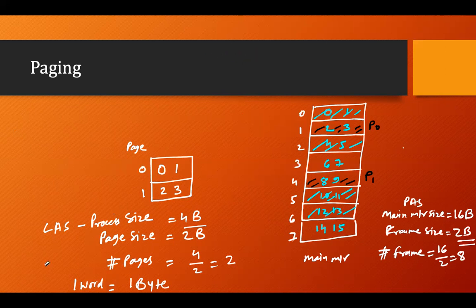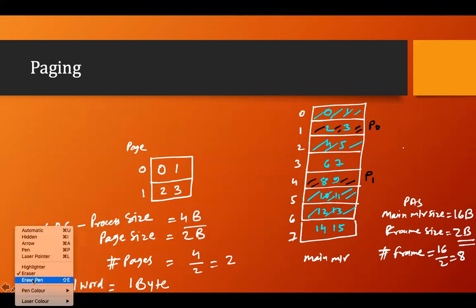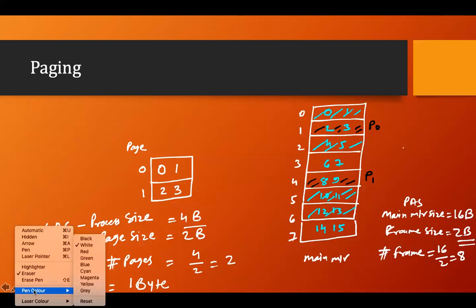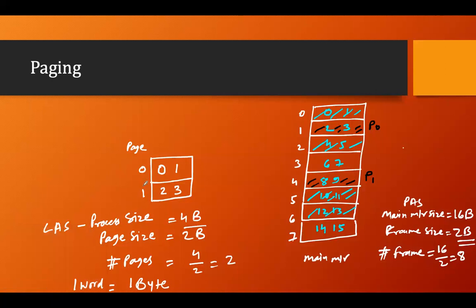There is a page table concept in paging. The page table is nothing but a table for each and every process. So let's assume that this is process 1, and for process 1 we have the page table.